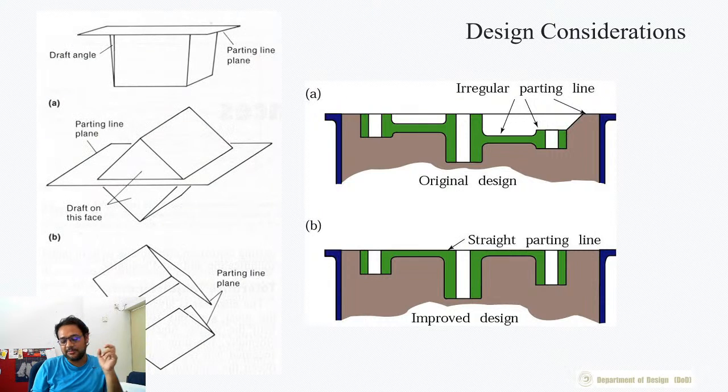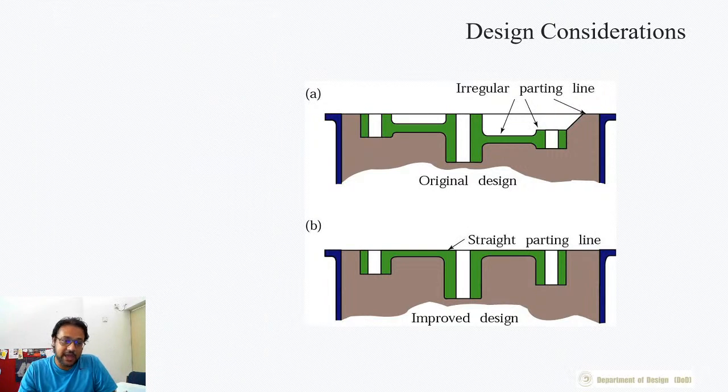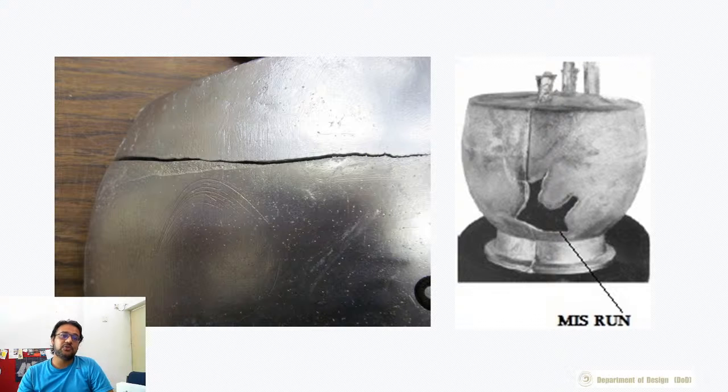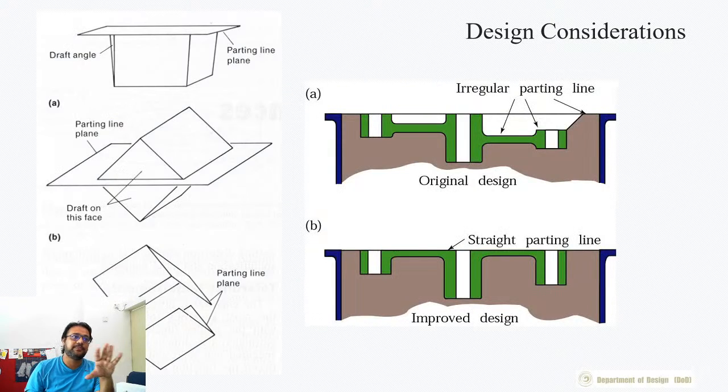Let's see the next one. Typically in class, I ask this question: can you make a perfect square in casting? We have already discussed draft angles, and we know that if you want to cast a perfect cube with 90-degree sides to each other, you will typically not be able to do it standing straight. You can do it if you have an irregular parting line. Let's say you orient the cube in a certain way where the parting line is jagged right on this edge, and you can cast the cube easily.